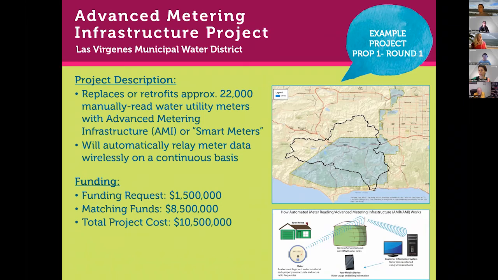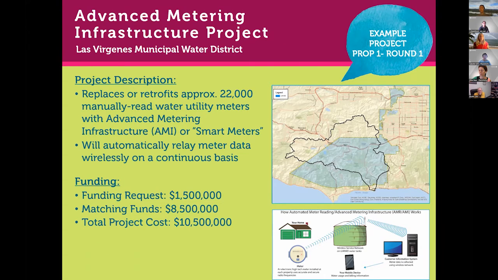Yep. So that was another example of a project funded by Round 1, by the Las Virgenes Municipal Water District. And I'll just point out that across California, IRWM regions, which are different sizes and different configurations across the state, often work together across their boundaries to do beneficial projects.